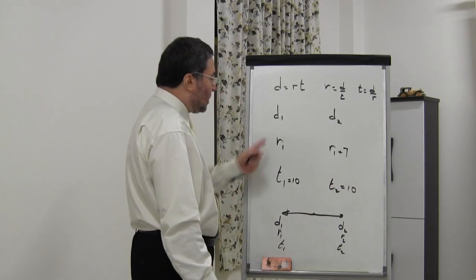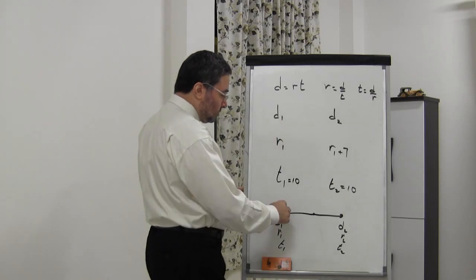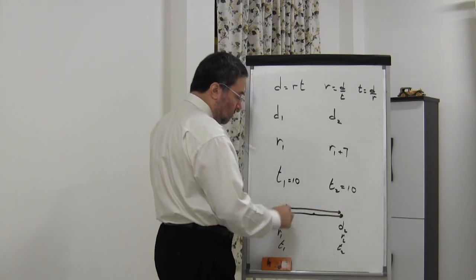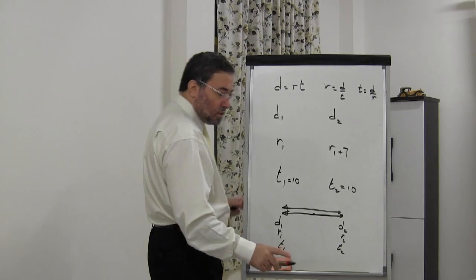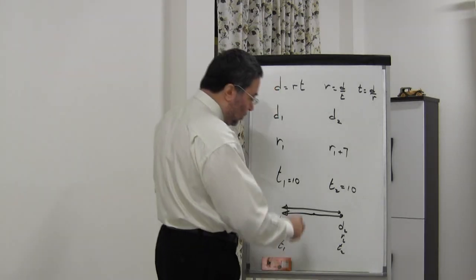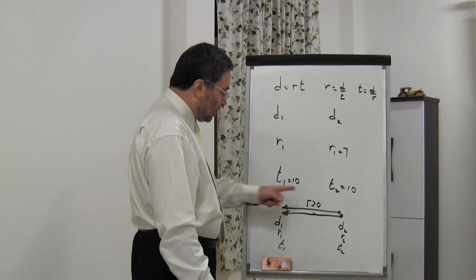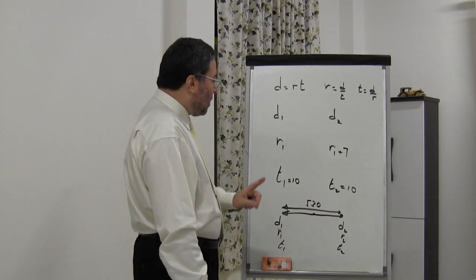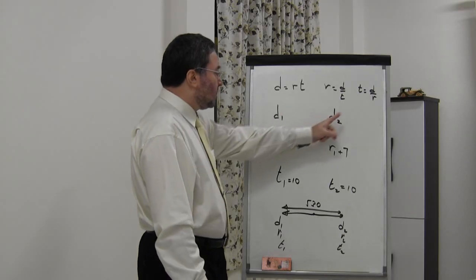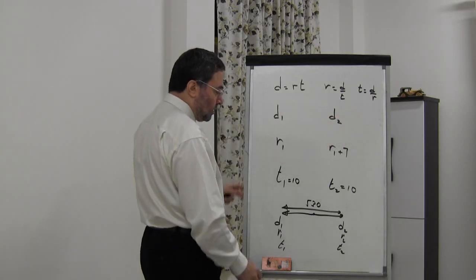And I know now that their distances after 10 hours is 530. That's the sum. So the sum is 530. So all I have to do now is add D1 plus D2, and that gives me 530.